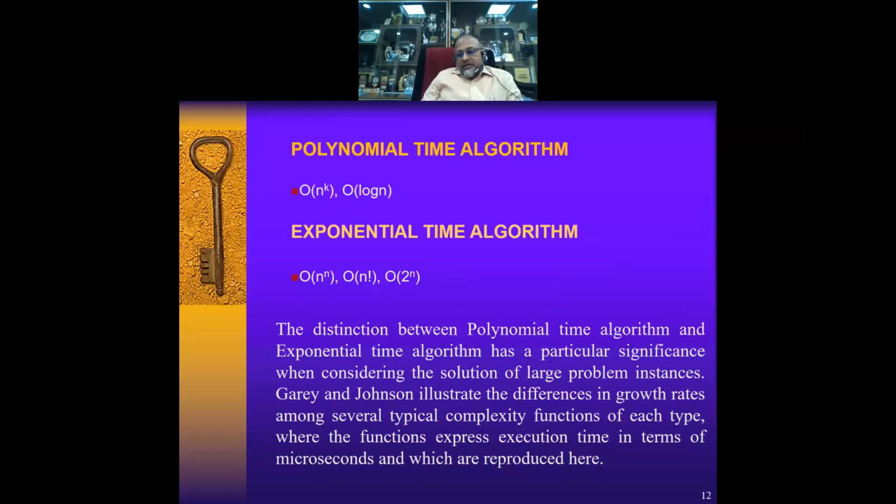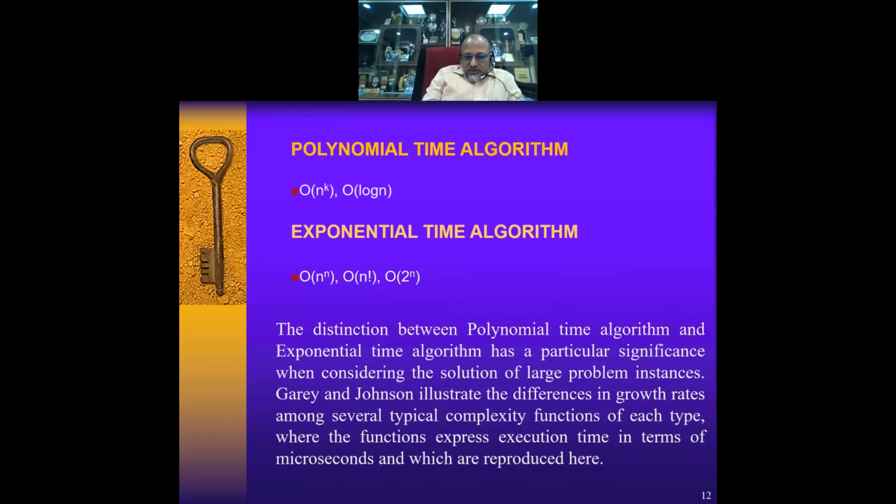My dear gentlemen, you can think, we are having our smartphones, our computers, and supercomputers. We are solving many problems using computers. In a fraction of a second, we are getting answers. So we are thinking that it is possible for a computer to solve all the problems in a fraction of a second.